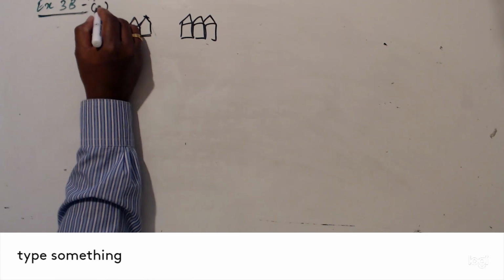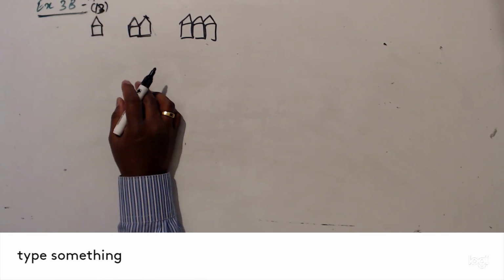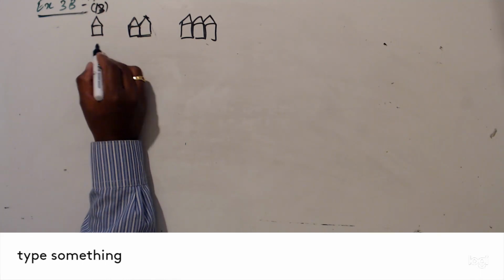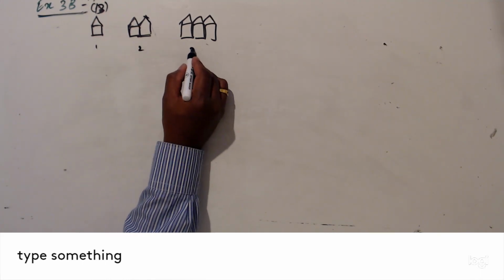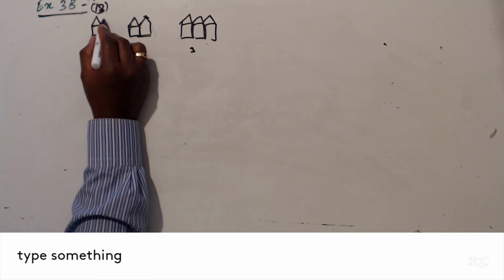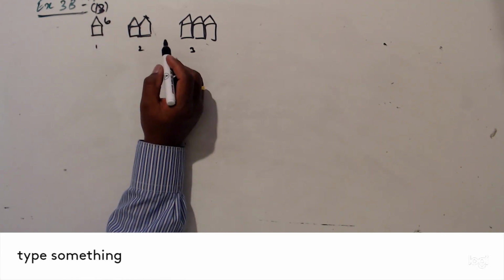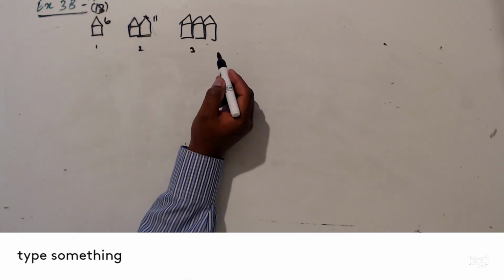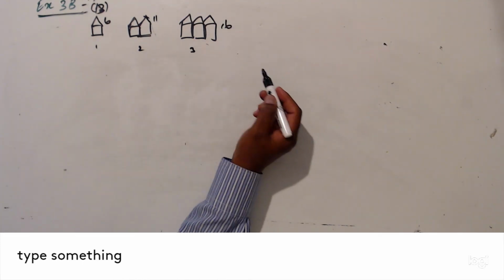Question number 13. There's a pattern. This is the first row, second row, third row. First row you need 6, the second row you need 11 sticks, and the third row you need 16.